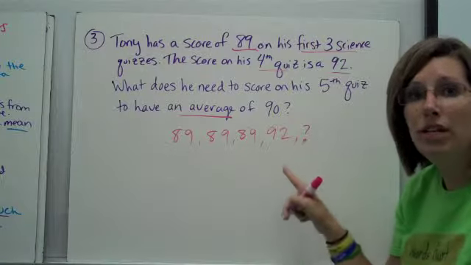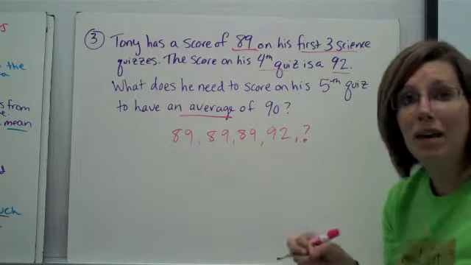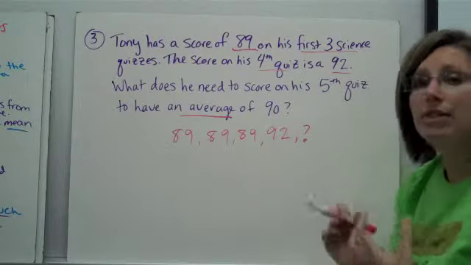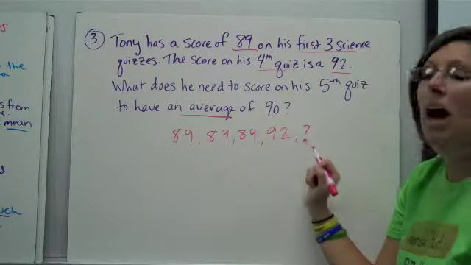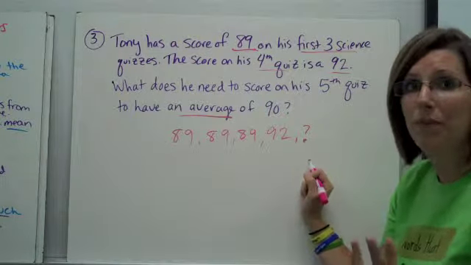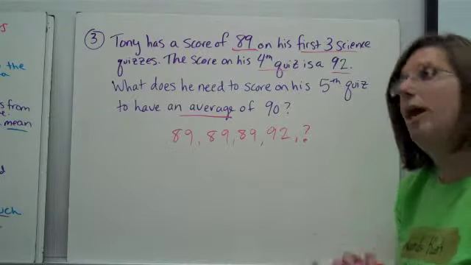This type of question is a question finding the average or the mean, but we're kind of doing things in reverse here. Because I already know the average, I want to figure out the missing value. So I'm going to use what I know about mean, and I'm going to work backwards.